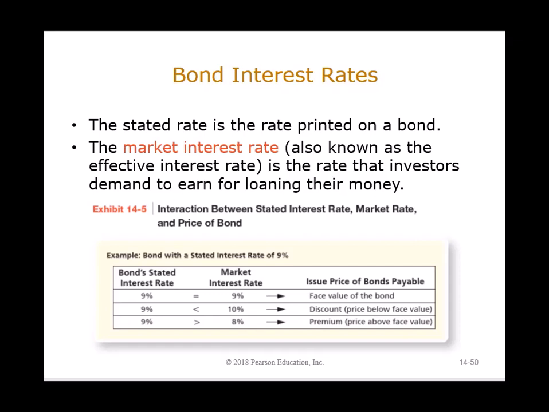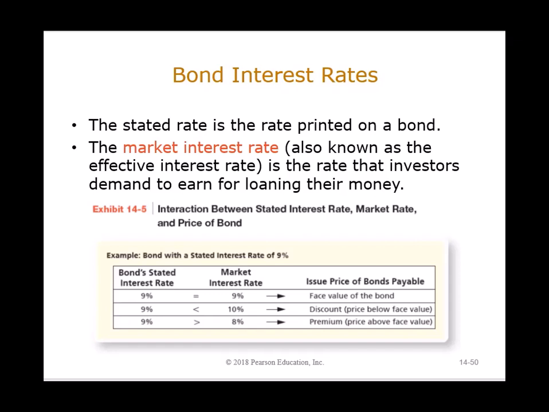So that's kind of the basic premise here. An investor is only going to invest in something if they can get an appropriate return based on market rates. So if the company's bonds are only going to pay 9% and the market interest rate is 10%, the company issues the bonds at a discount, meaning the investor doesn't buy it for $1,000.